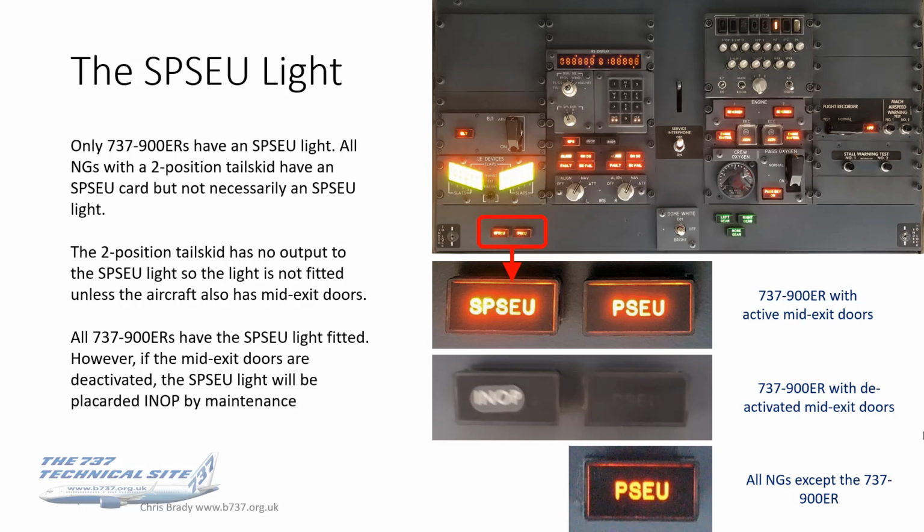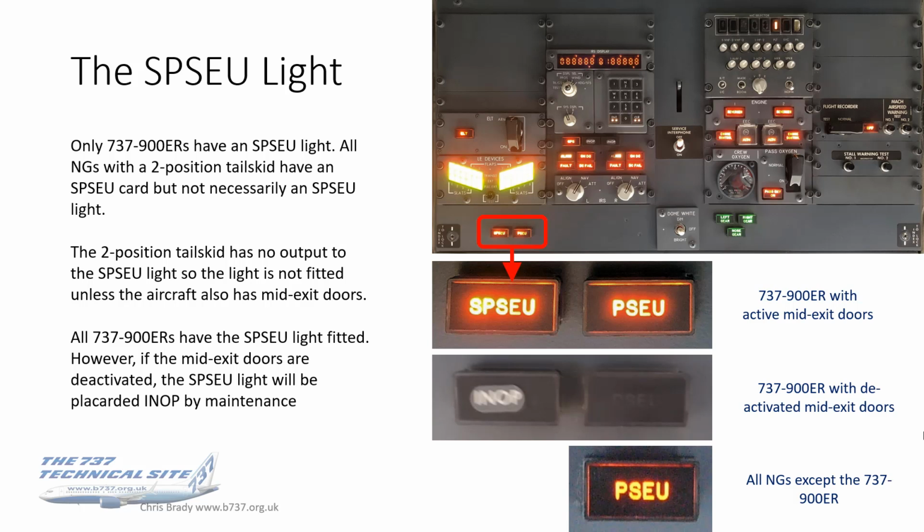Now the SPSEU light, again, I think this is probably where the confusion comes in: does my aircraft have an SPSEU or not? This is probably where it arises from. Only 737-900ERs have got the SPSEU light. All NGs with a two-position tailskid have got an SPSEU card, but not necessarily a light.